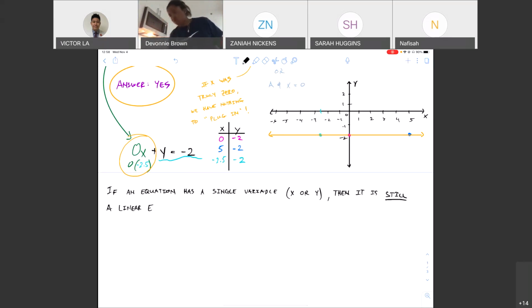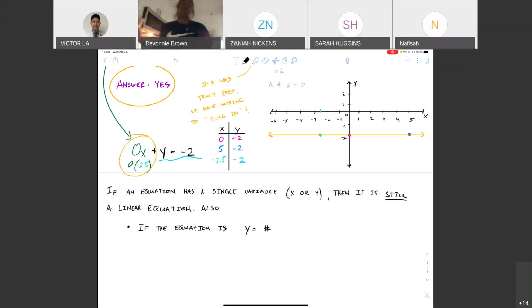Now the rules. Also, if the equation is y equals a number, then this implies, remember, an equal sign with the arrow means implies.